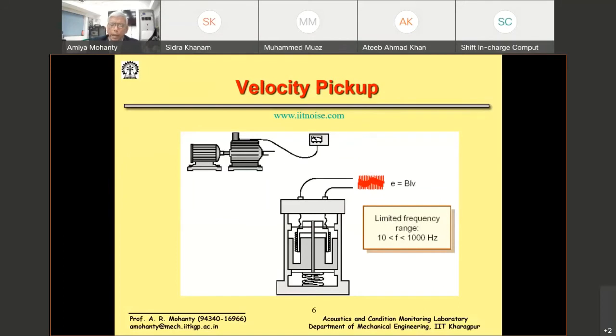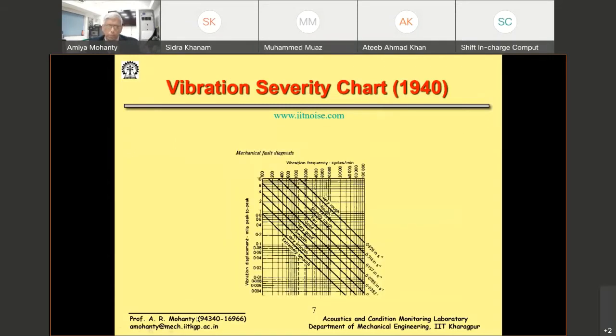And so what happened? This gentleman, Rathbone, made some charts, for example, as to what the vibration level is, at what frequencies and power, whether it is rough, smooth, or acceptable, etc. This was somewhere in the 1940s, the vibration severity chart. And these were all made from velocity measurements on the casing.